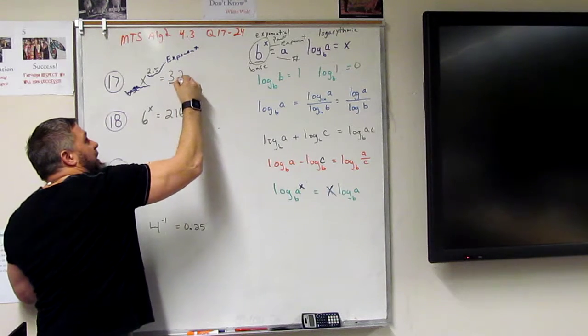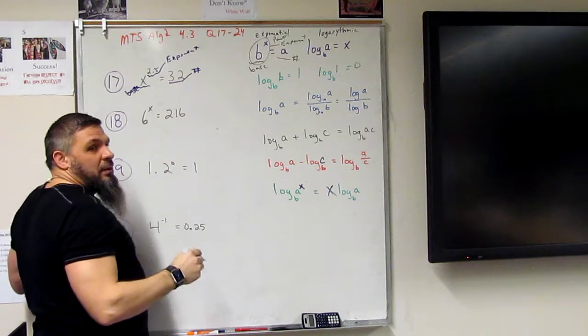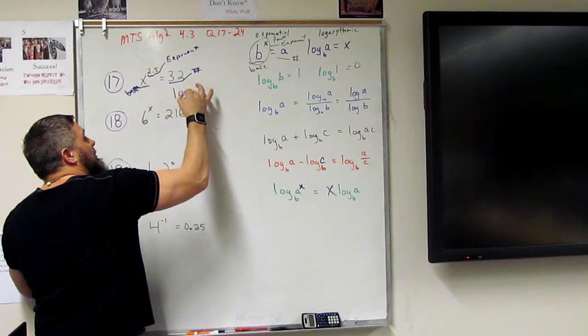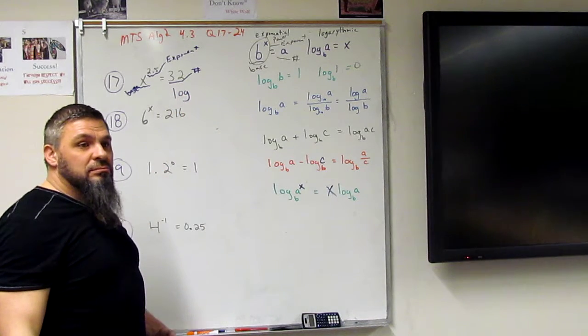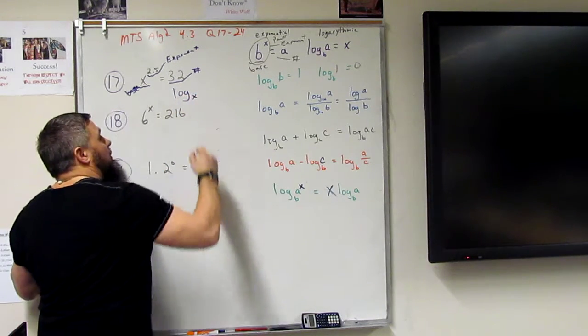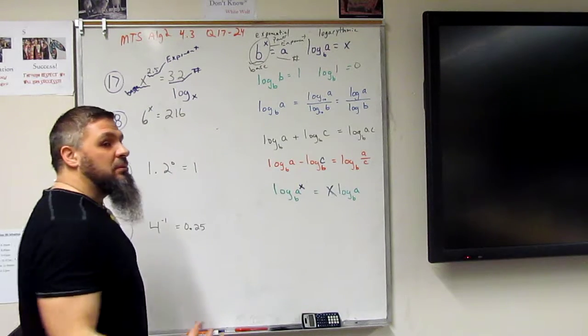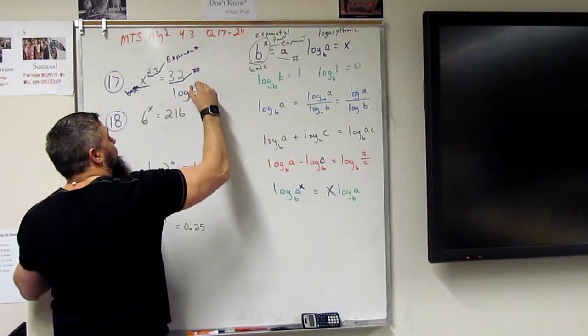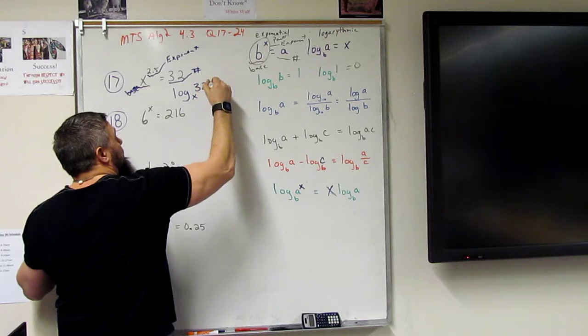And this is the number, right? So now I've got the log. What's the base? X. Of the number? 32. Is equal to 2.5.